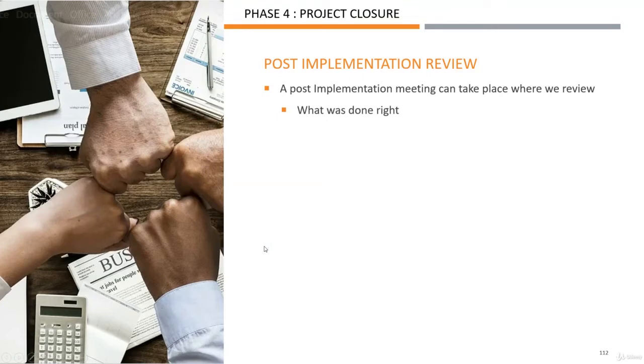During the meeting, you review what has been done right, what could have been done better, what was not planned for. Things happen in the middle of a project, and where does that come from? So you need to highlight it so that someone in a company doing a similar project can take that into account in their planning.